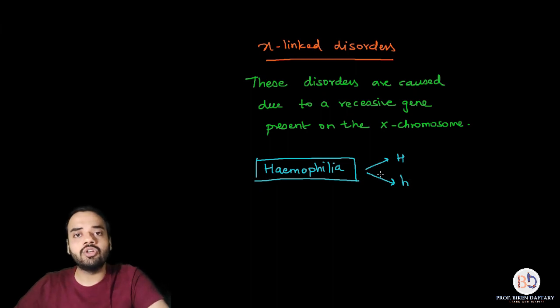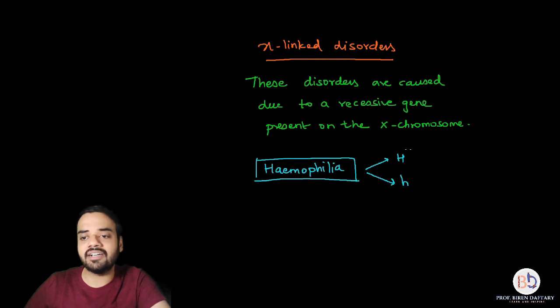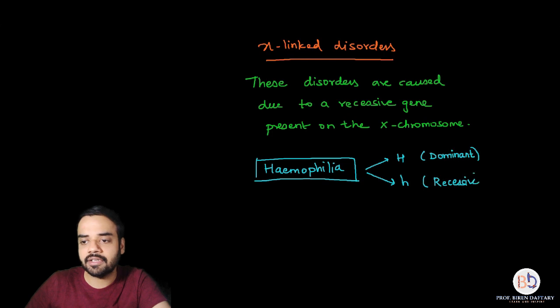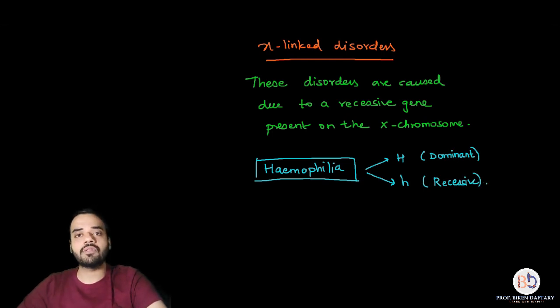Normally, when I write the gene in capital, it is considered dominant. So capital H is the dominant gene, whereas small h is the recessive gene. Correct? Now, according to the rule, if a person is having hemophilia, then small h, the recessive gene, will be present on the X chromosome.